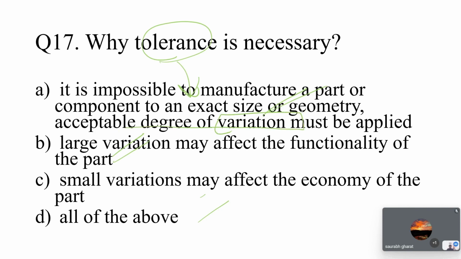That is correct. Small variation may affect the economy of the part. That is again a correct option, because of the cost involved when you go for smaller variation tolerance. So all of those will be the correct answer.